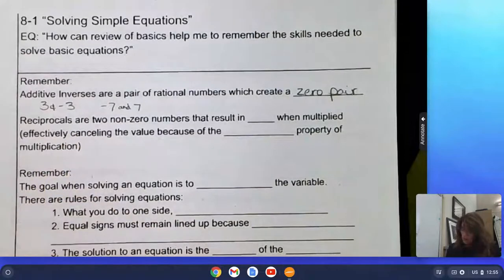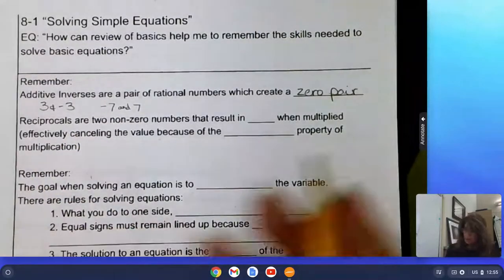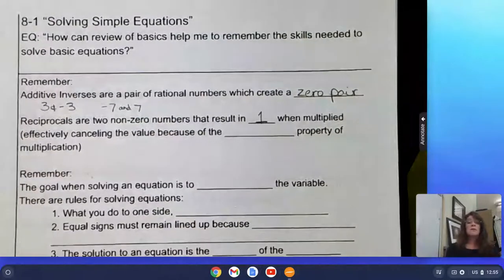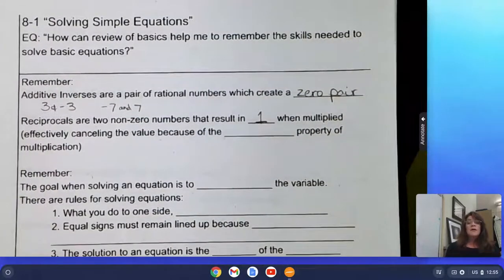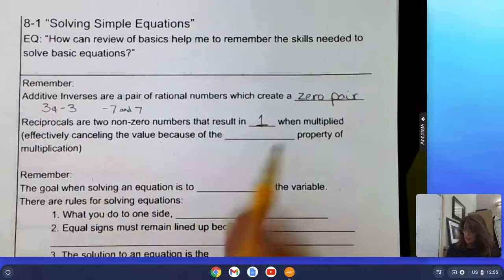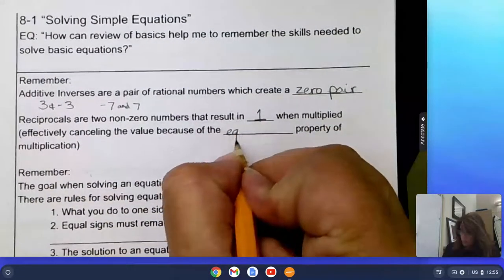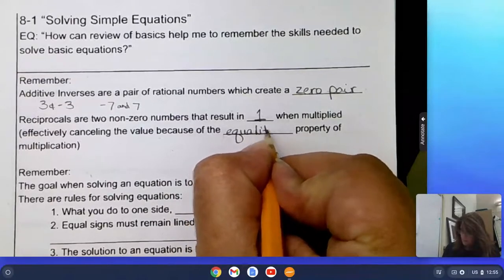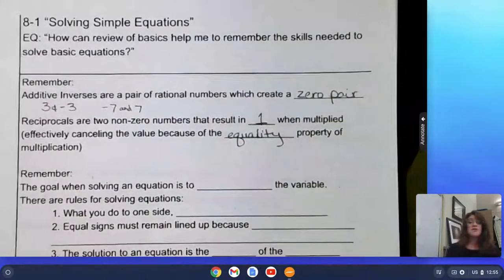Reciprocals are two non-zero numbers that result in 1 when multiplied, effectively canceling the value because of the equality property of multiplication.